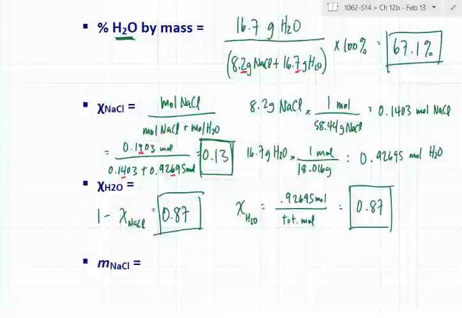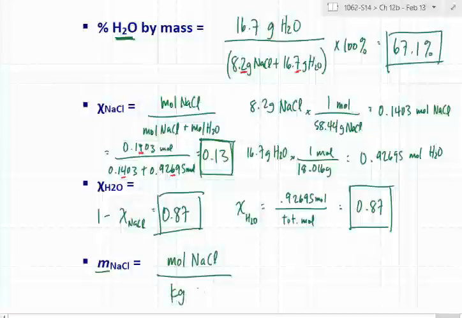Okay? What does this mean? Molality. Molality is moles on top divided by, because it's molality of NaCl, so I want moles of NaCl on top divided by what? Kilograms of water.